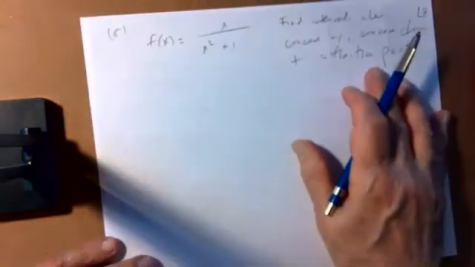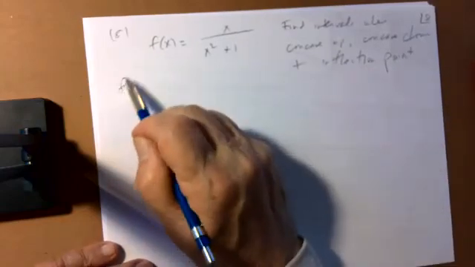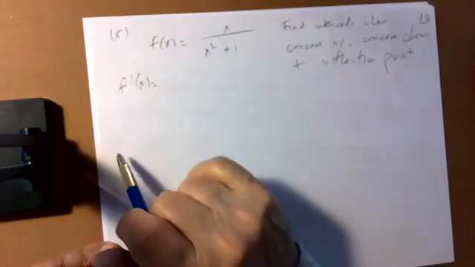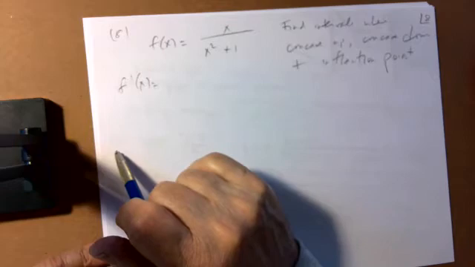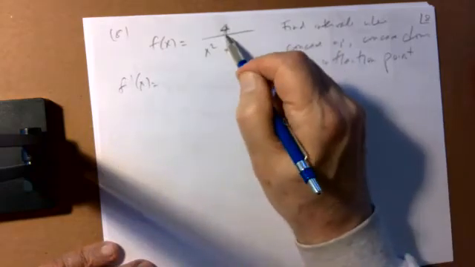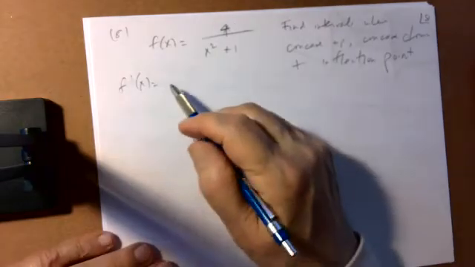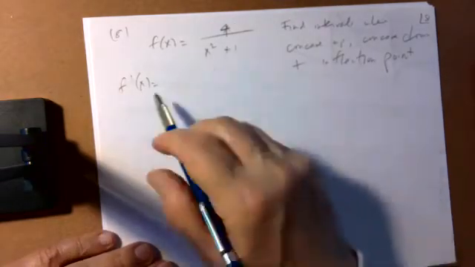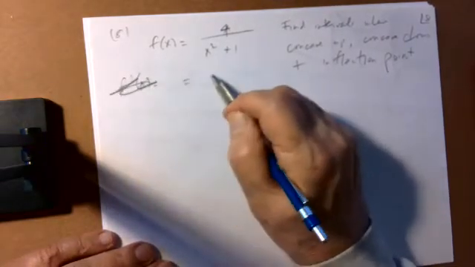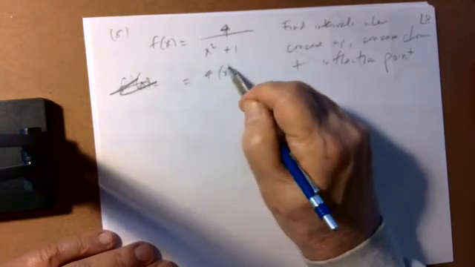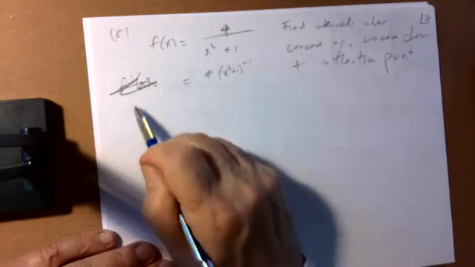So when we study concavity, we need the second derivative. So the first derivative, this is 4 over x squared plus 1. So this is, let me see, this is really like 4 times x squared plus 1 to the minus 1.